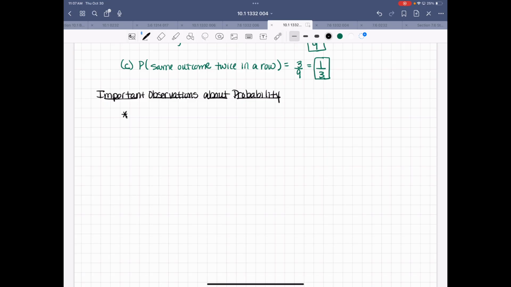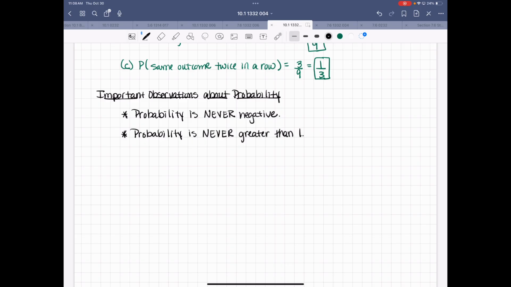Probability is never negative. Okay? If you get a negative probability, guys, you're wrong. Recalculate, like your GPS does, recalculating. Probability is never greater than 1.